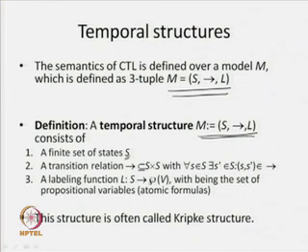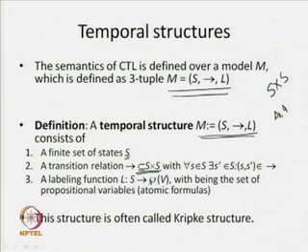The second one, the arrow that we are representing, is a transition relation, and a transition relation is nothing but a subset of the Cartesian product of S and S. That means we have a transition from one state to the other state. So, that is why we say it is a subset of the Cartesian product S and S. The Cartesian product S and S basically gives me components like S 0 and S 1.